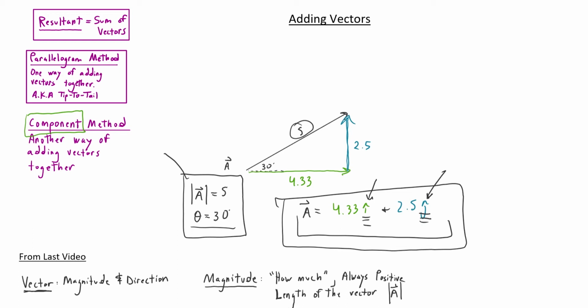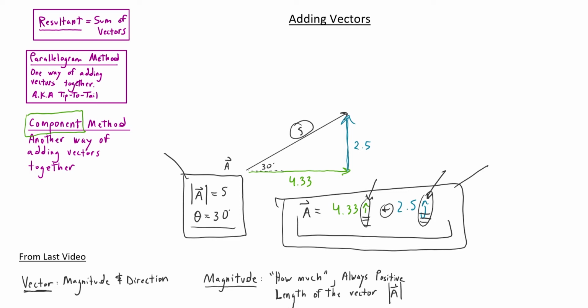But the way we're saying it now is that vector A has an x component of 4.33 and a y component of 2.5. And again, we'll dig into this vector equation in another video, what this i hat and j hat thing is and why there is a plus there.